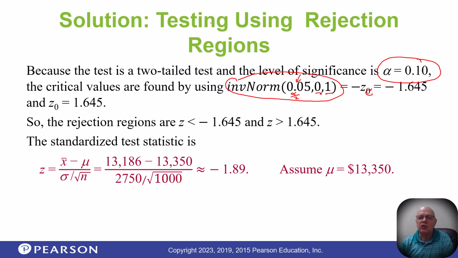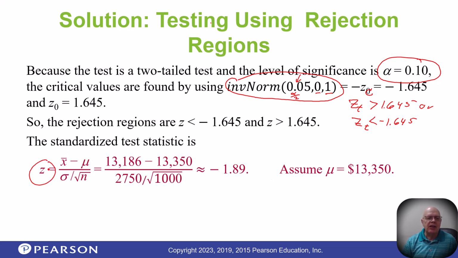So the rejection regions are: is the z statistic greater than 1.645, or is the z statistic less than negative 1.645? Those are our rejection regions. Then we pick up the standardized test statistic. I call them z sub t.